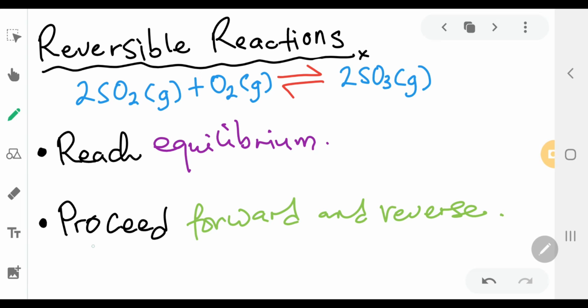When you have this forward and reverse direction, you're going to be able to achieve the equilibrium.